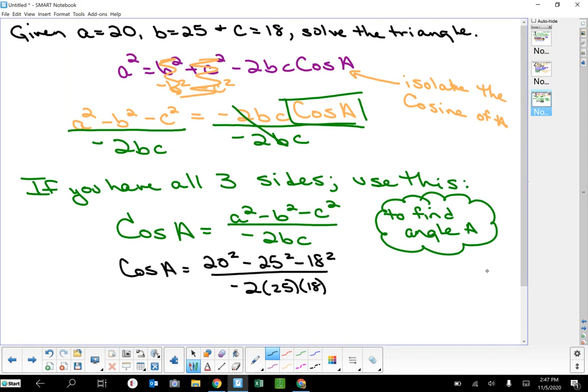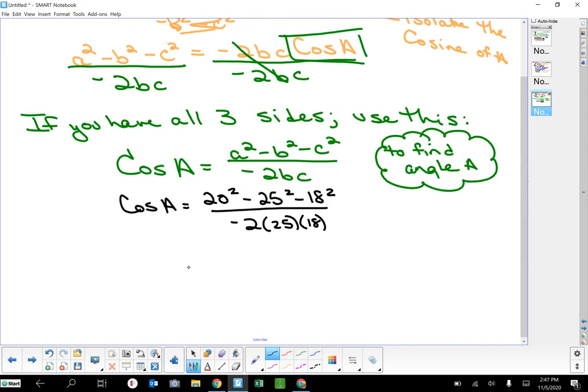Now, I already did this math somewhere, so I've got these numbers already stored. Cosine of A is equal to 400 minus 625 minus 324 all over negative 900.